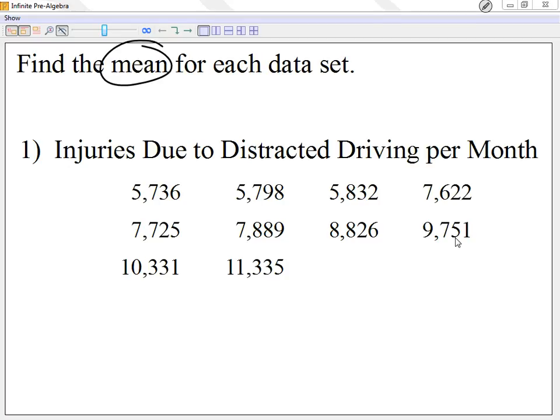So I add everything and it gives me 80,845. I said I added everything. That's basically what I did.